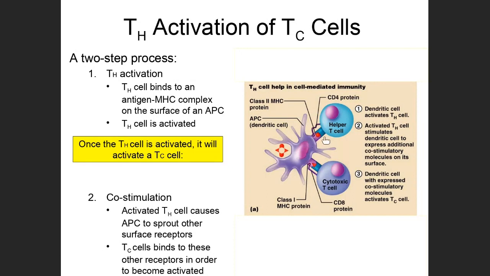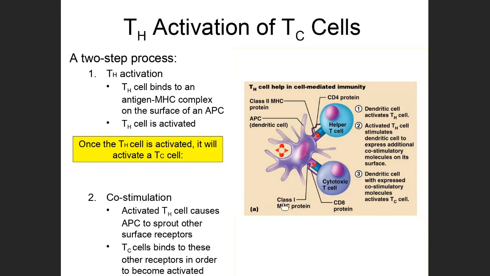Once this helper T cell has become activated, the second step occurs, and that step is known as co-stimulation. During co-stimulation, the activated helper T cell causes our APC, in this case the dendritic cell, to sprout a surface receptor that wasn't there previously. That's this receptor right here. This receptor only sprouts on this APC after it has bound to helper T and the helper T has become activated.